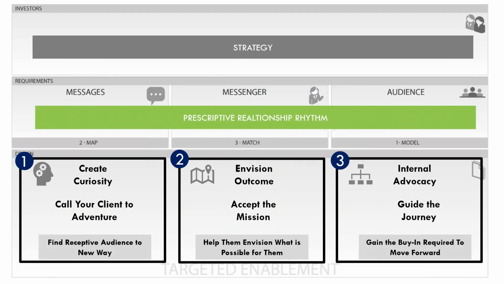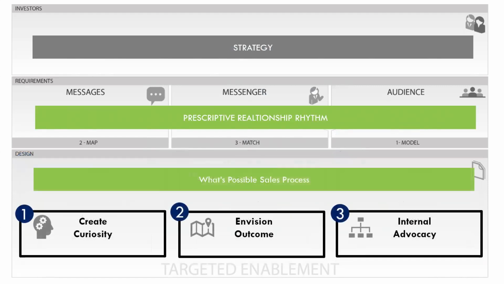We're on our hero, our client hero's team. And in that, we're helping drive the internal advocacy for our client. Our role is to guide them through the journey. Our objective is to help that sponsor of ours gain the buy-in required to move forward and keep managing that momentum.